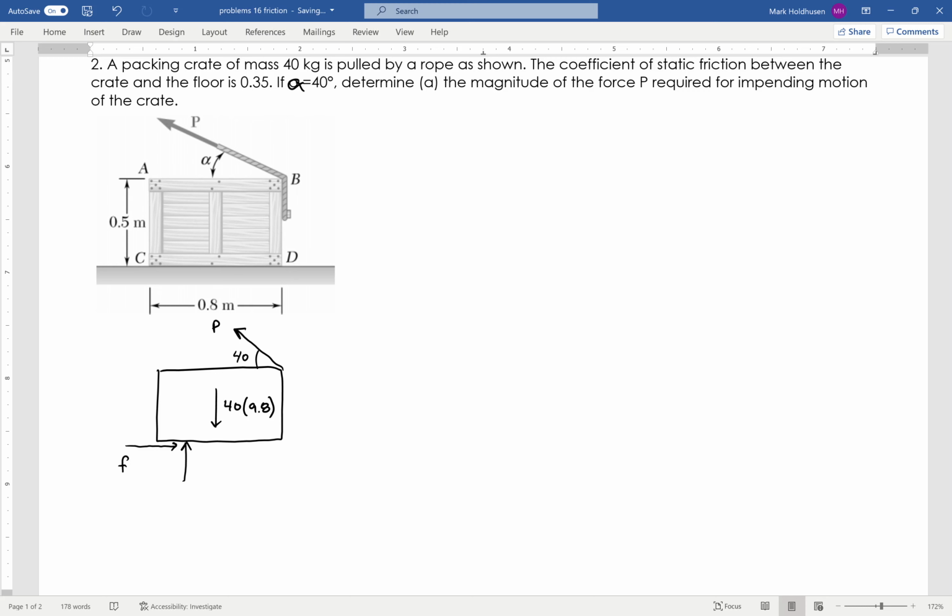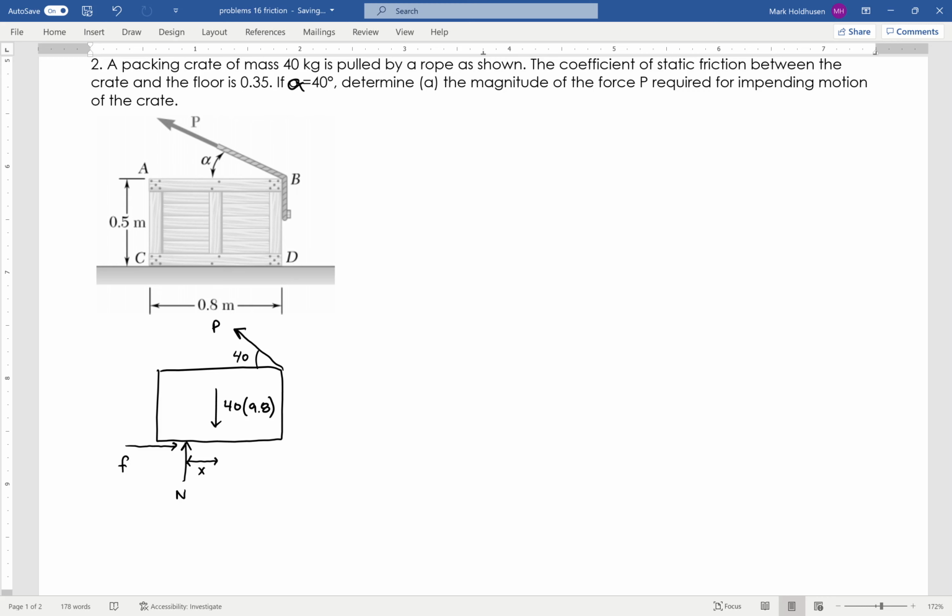So my normal force moves over some amount. I'll set the distance from the center to be some amount x. If N gets all the way off, then it tips over. If N stays there, then it will just slide. So here's my free body diagram.